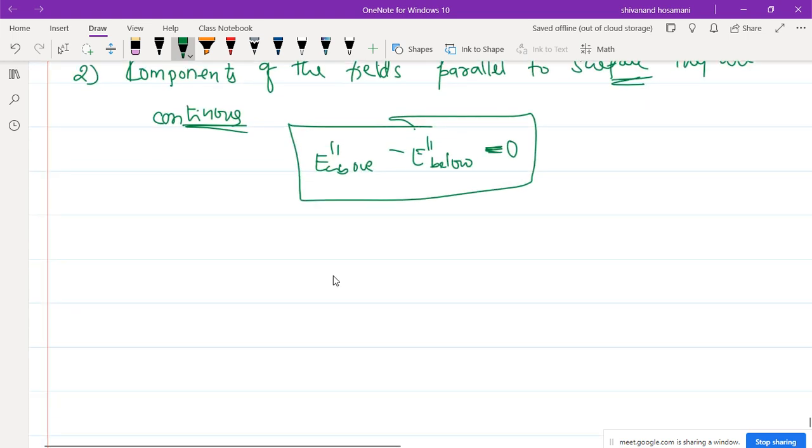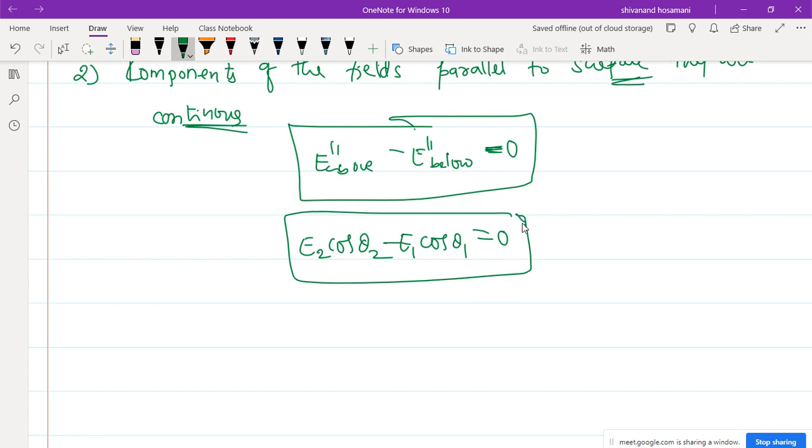ಇಲ್ಲಿ ಹಂಗೇ ಬರೀಬಹುದು ಹೇಳ್ರಿ. Here I can define this as E2 minus E1 is equal to 0, so this is defined as the second boundary condition, parallel components. ಯಾವತ್ತೂ continuous ಇರ್ತಾವ್ರಿ, ನೆನಪಿಟ್ಕೊಳ್ಳಿ.